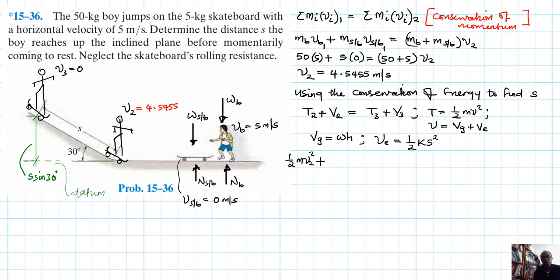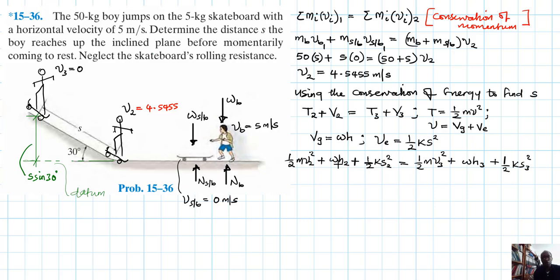So we have half m v2 squared plus W h2 plus half k s2 squared, equal to half m v3 squared plus W h3 plus half k s3 squared.